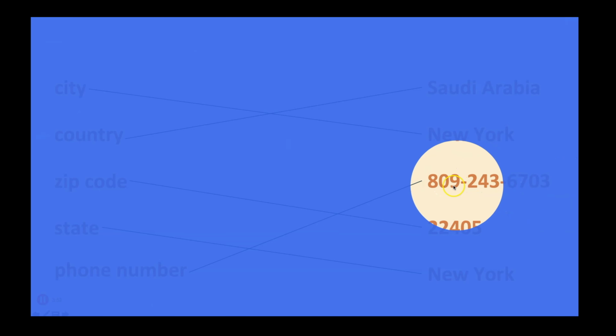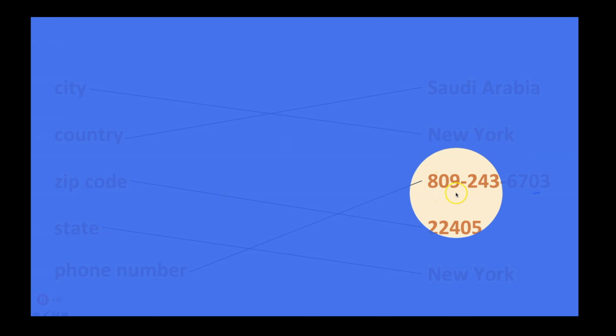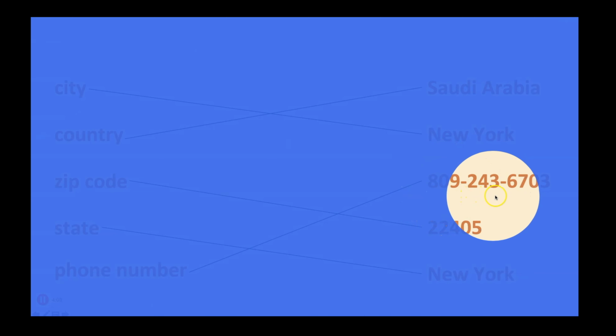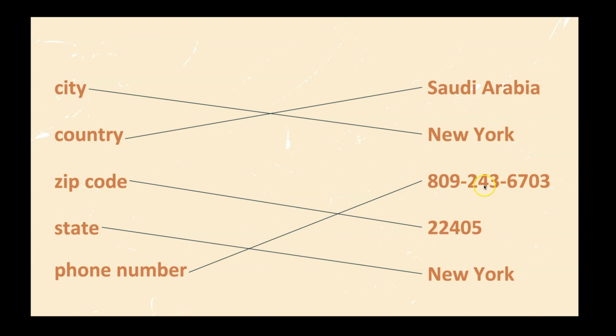And sometimes you will hear people say 0, like the letter O. So you may hear people say 809-243-6703. Same thing. 0. They mean the same.